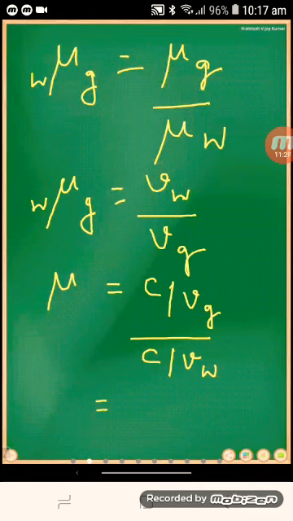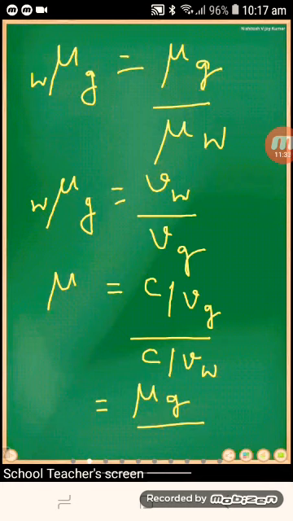Once you solve this, you'll get Vw by Vg. Now, C by Vg will give us the refractive index of glass, and C by Vw will give us the refractive index of water.